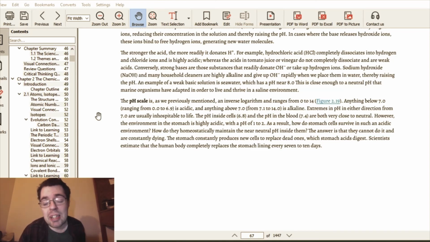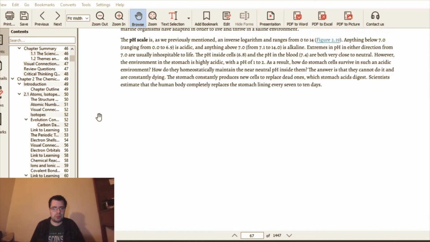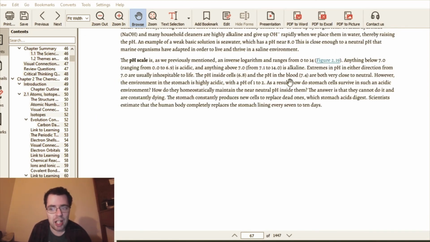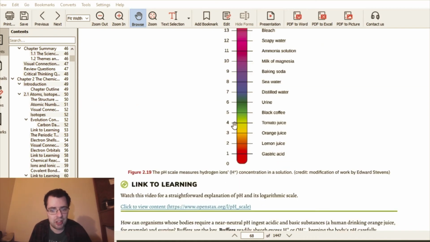And a base has a saturation of OH, hydroxide molecules. The more concentrated it is, the higher the pH. So a solution with a pH of 2 will have an abundance of hydrogen atoms, H+, and a solution with a pH of 13 will have mostly hydroxide, OH negative. And the pH scale determines all that, like I just said.